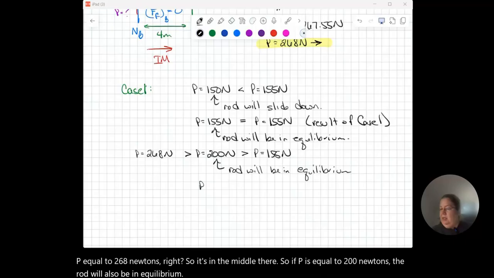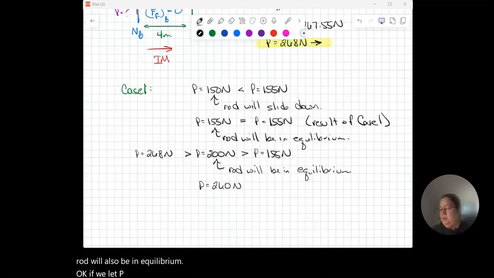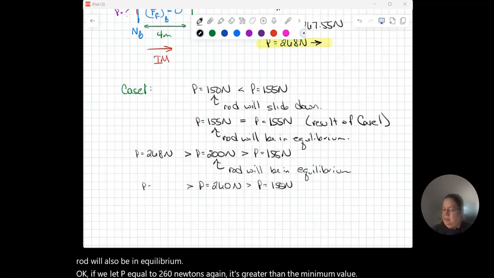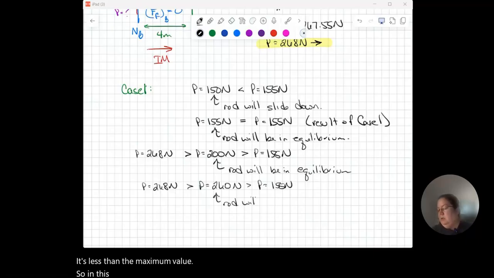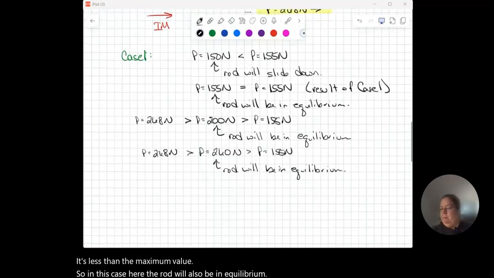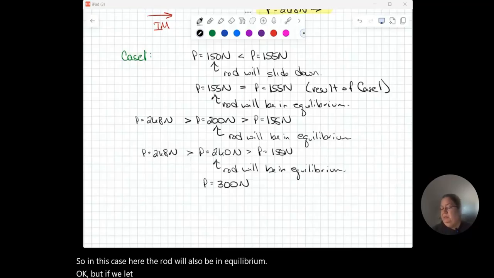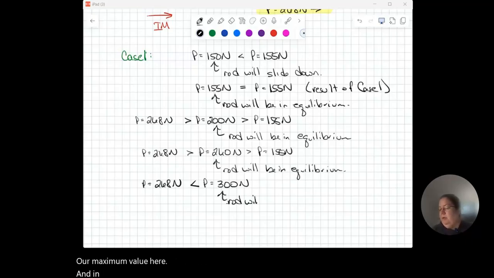If we let P equal 260 newtons, again, it's greater than the minimum value and less than the maximum value, so the rod will also be in equilibrium. But if we let P equal 300 newtons, 300 is now greater than our maximum value, and in this case, the rod will slide up the wall.